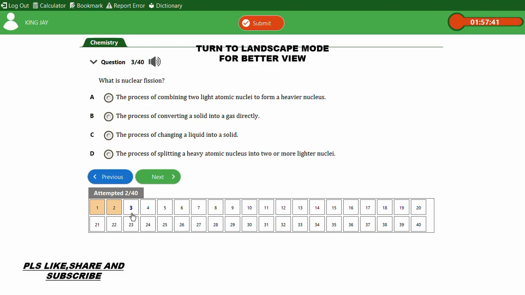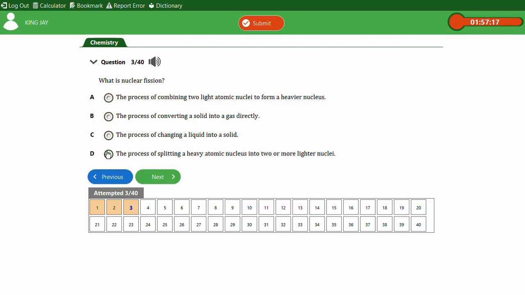No. The process of converting a solid into a gas directly. No. The process of changing a liquid into solid. No. The process of splitting a heavy atomic nucleus into two or more lighter nuclei. Yeah, that's it. So D, because fission means splitting, fusion means combining. If it's for nuclear fusion, obviously A will be the answer, combining two light atoms.